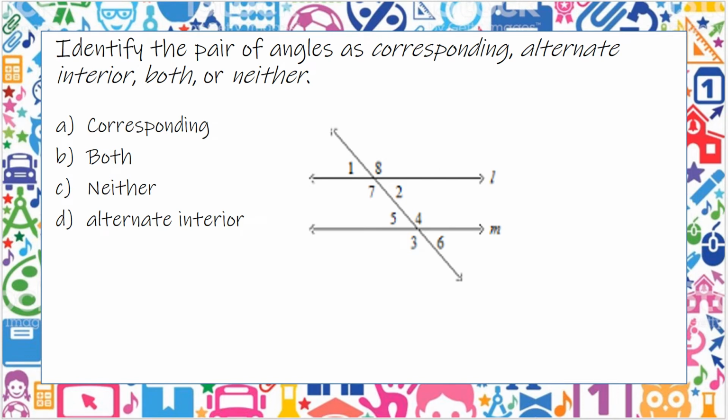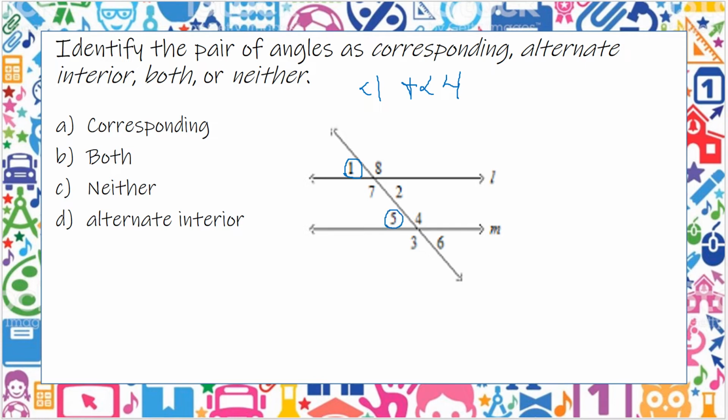Okay, identify the pairs of angles as corresponding, alternate interior, or both. And this one I wanted you to find angle 1 and angle 4. So, angle 1 has a corresponding angle of 5.